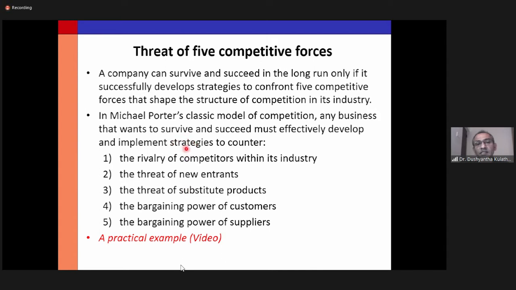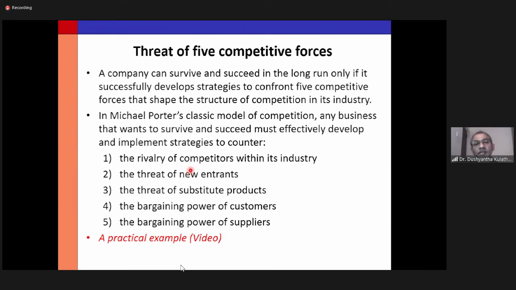That is his argument and that is his view. So, as highlighted here, in a particular industry where there is competition, the 5 forces will exist. Those 5 forces are the rivalry of competitors within its industry, the threat of new entrants, the threat of substitute products, the bargaining power of customers, and the bargaining power of suppliers.